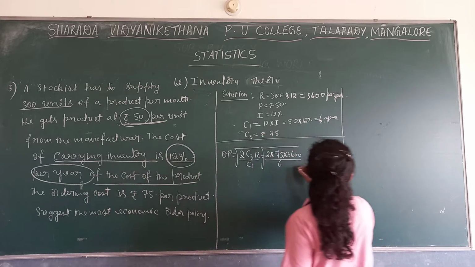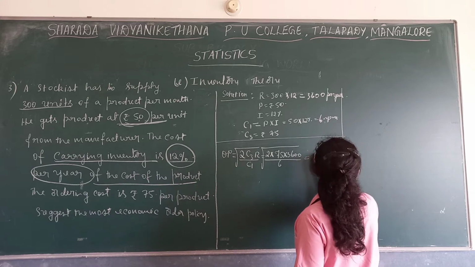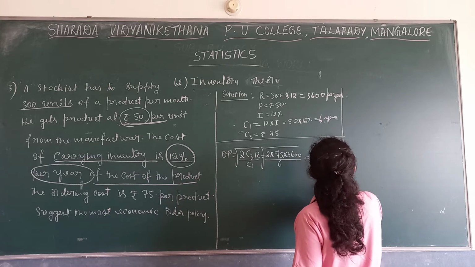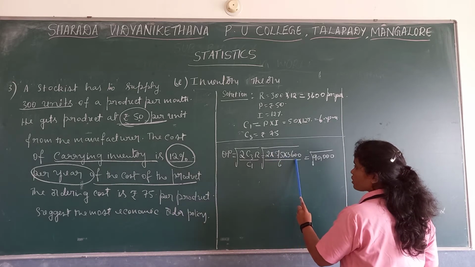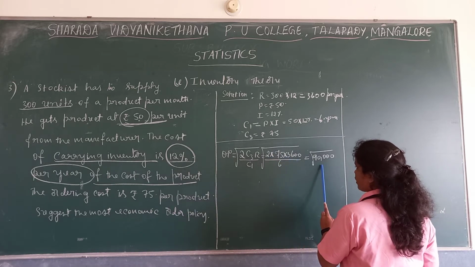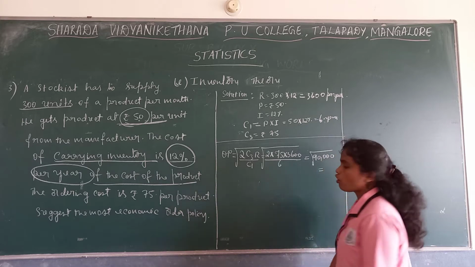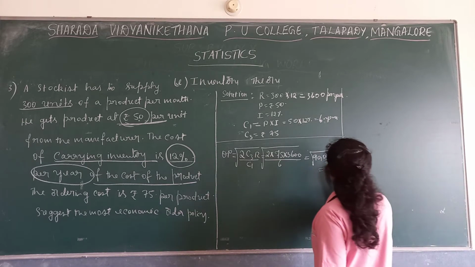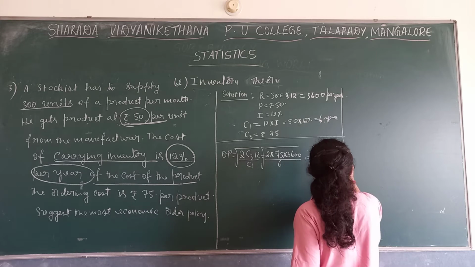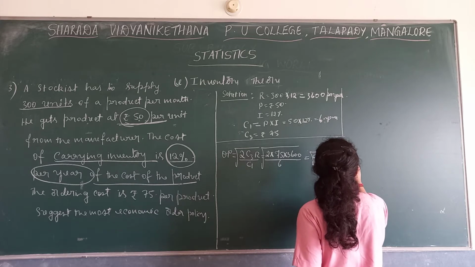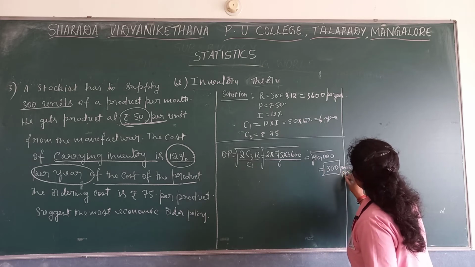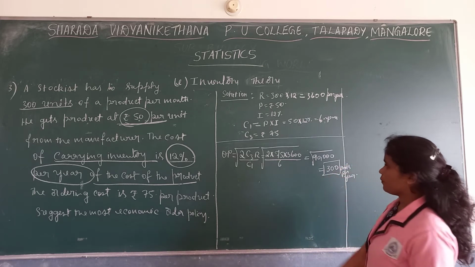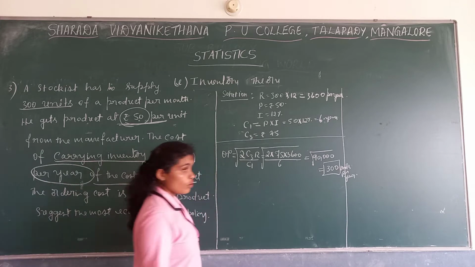When we take the root, this is 90,000. 2 into 75 into 3600 divided by 6 gives 90,000. If you take the root of 90,000, we get 300. What is this? Units per year.